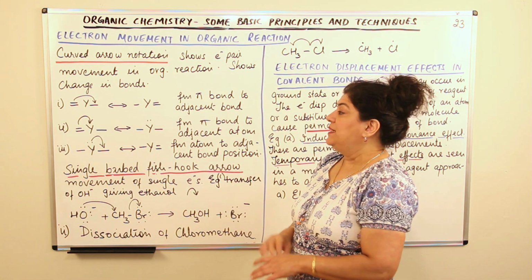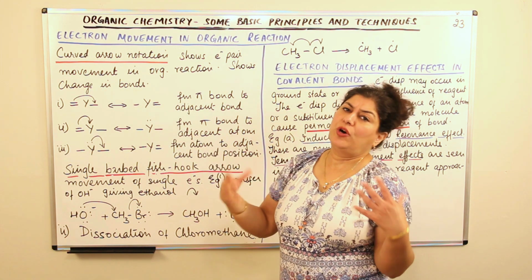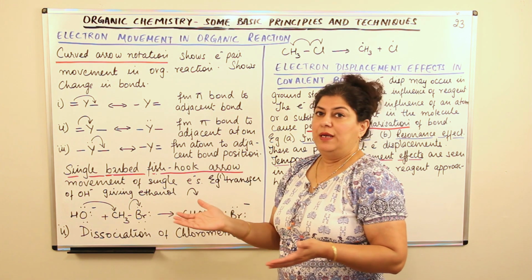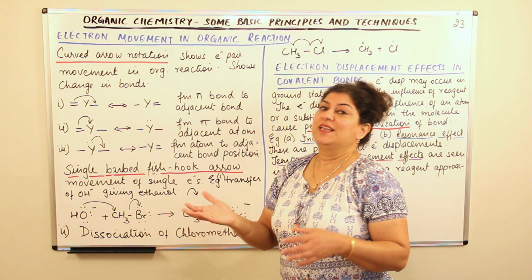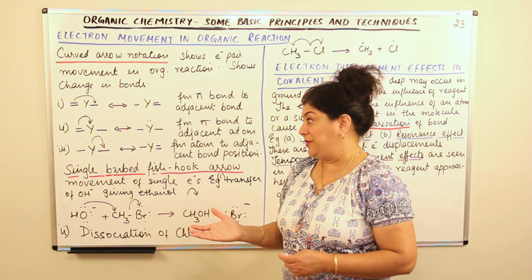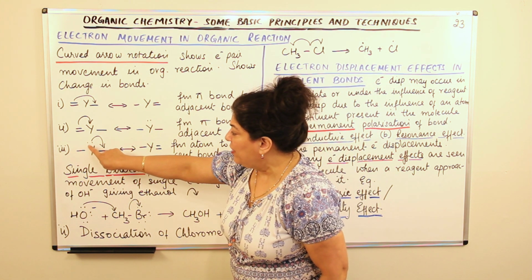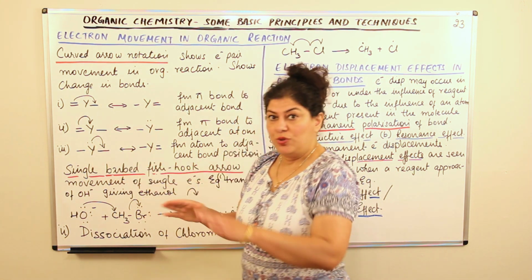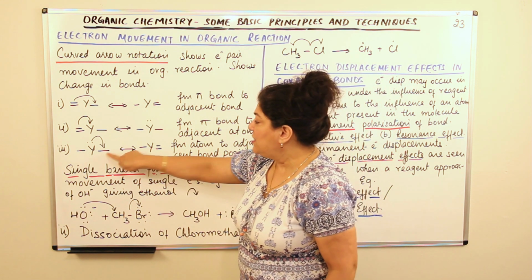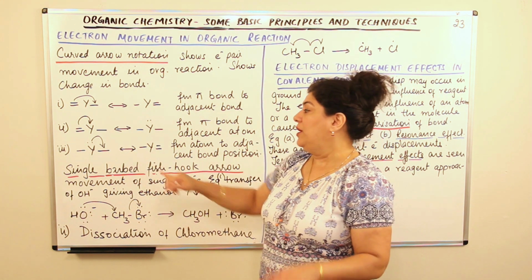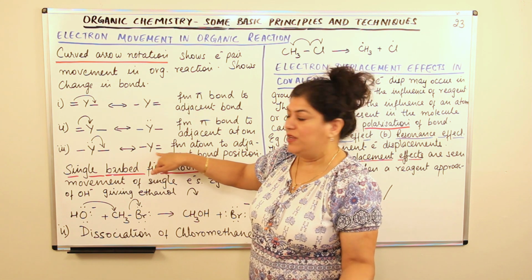And the third possibility is that a lone pair of electrons on any atom moves from it to the adjacent bond and forms a pi bond. So here you see a lone pair of electrons on Y shifts to the bond next to it, and this now becomes a double bond. The first one was obviously the sigma bond.